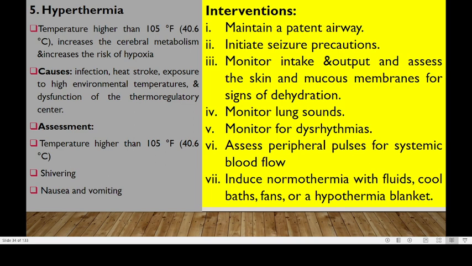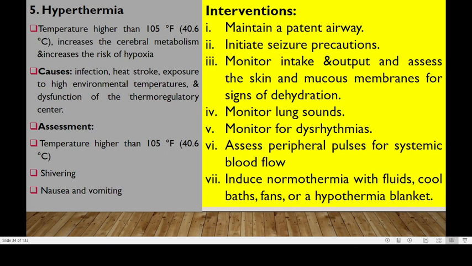Causes could be infection, heat stroke, exposure to high environmental temperatures, dysfunction of the thermoregulatory center. So assessment, you have to check the temperature. A patient will be presenting with a temperature higher than 40.6 degrees Celsius, or shivering, or nausea and vomiting.